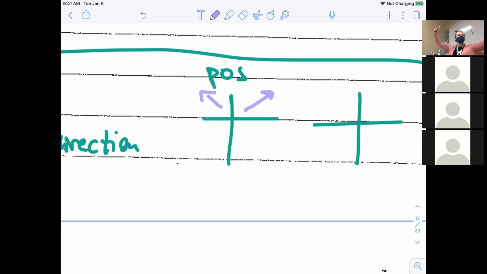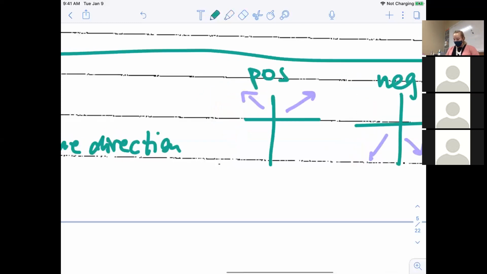That's a positive even graph because they're going in the same direction and it's going up. The other one is an even negative because they're both going down. Started going down, it ends going down. The reason I don't have it filled in the middle is I don't know what's happening in the middle. So for end behavior, I don't care what happens in the middle. I just know where the arrows go at the end.